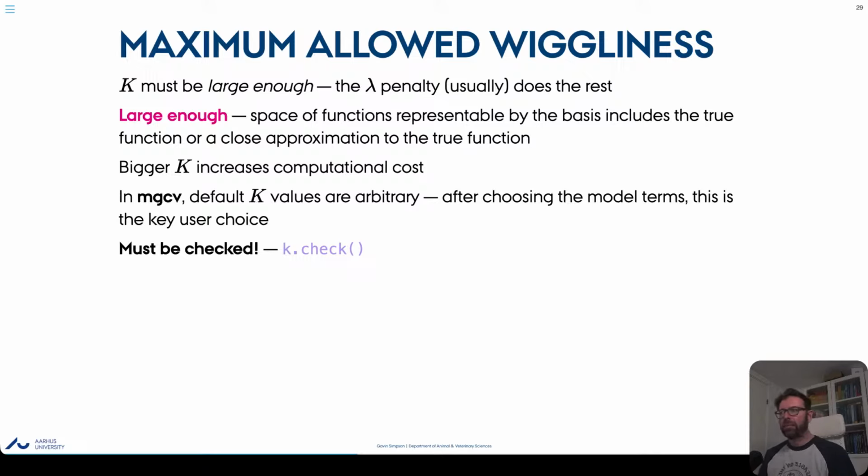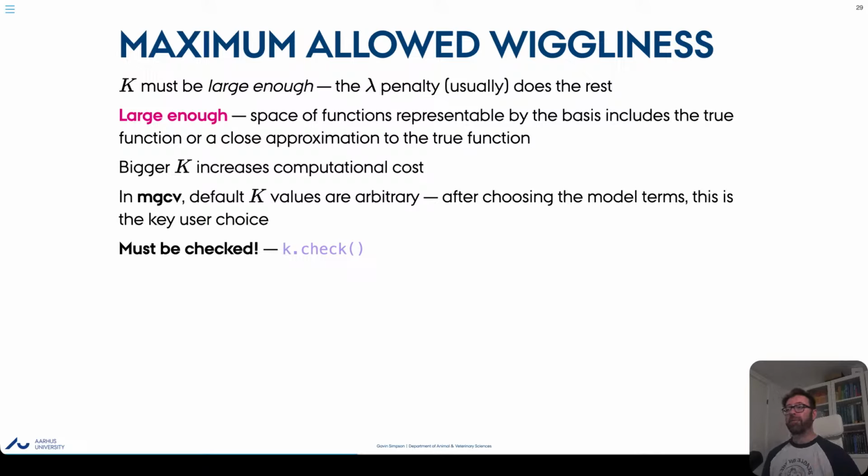The main downside to increasing k, because you might just think, oh, I'm just going to set k as large as I can and let mgcv do all the rest. Well, of course, as you increase k, you increase the computational cost of fitting your model, because each of the basis functions is a column in the model matrix. So if you want to fit a model that has 100 columns in the model matrix, that actually these days on a modern computer wouldn't be very large at all.